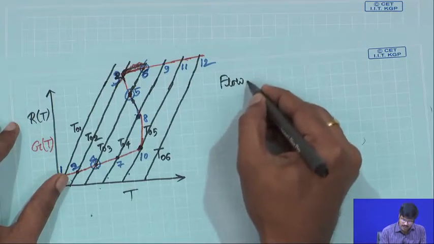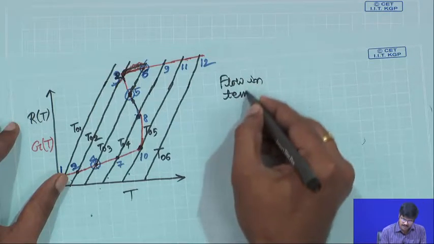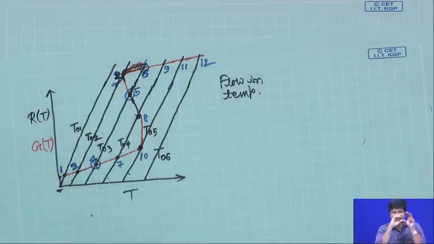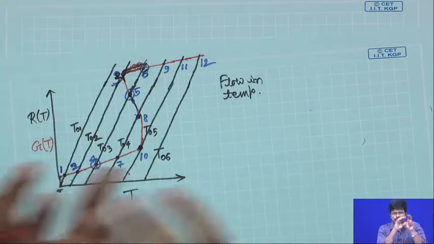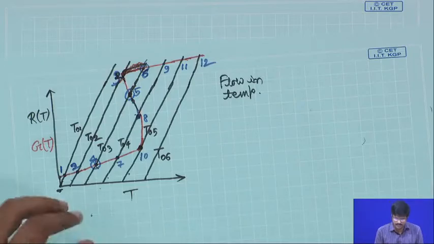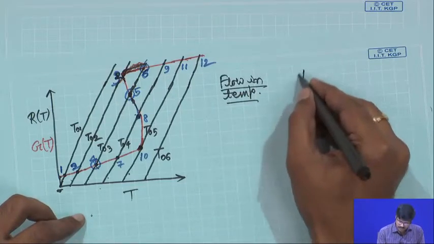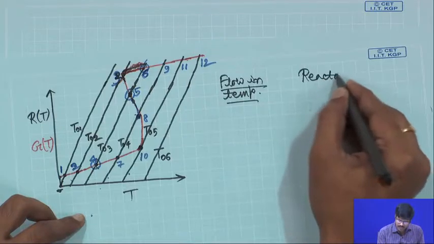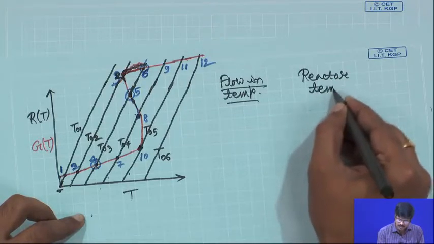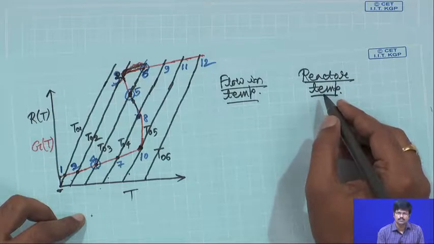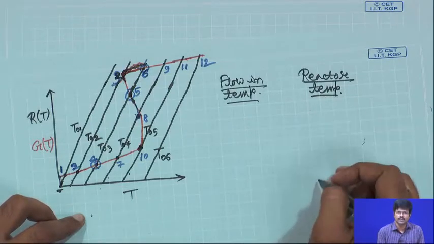So, you have a flow-in temperature, that means the temperature at the inlet, whatever the temperature of the feed is. Corresponding to that flow-in temperature there will be a steady state condition given by the temperature of the reactor.